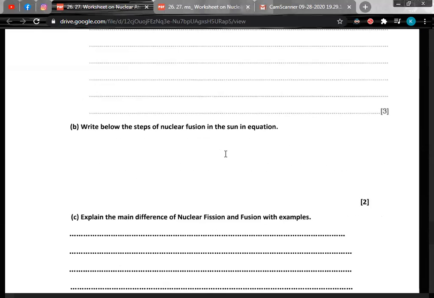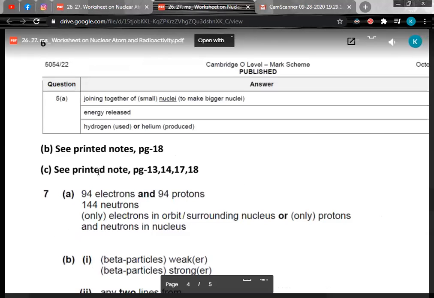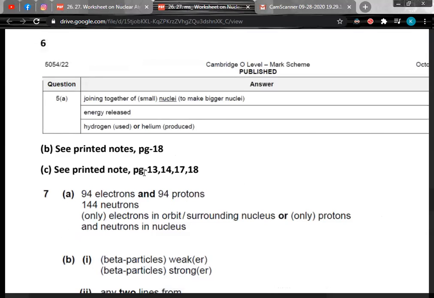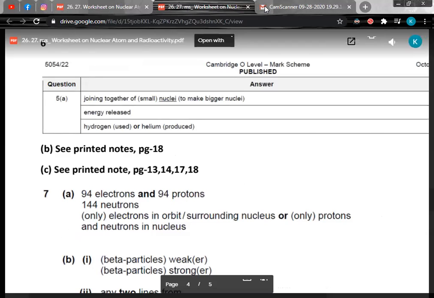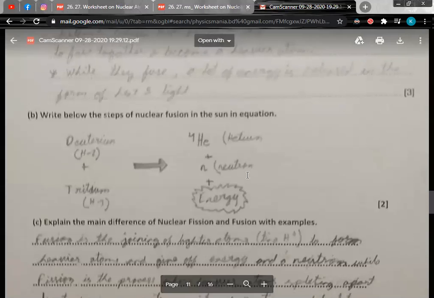Write the steps of nuclear fusion in the sun in equation. You got three equations on page 18. I also gave you notes, right? Writing notes are available.